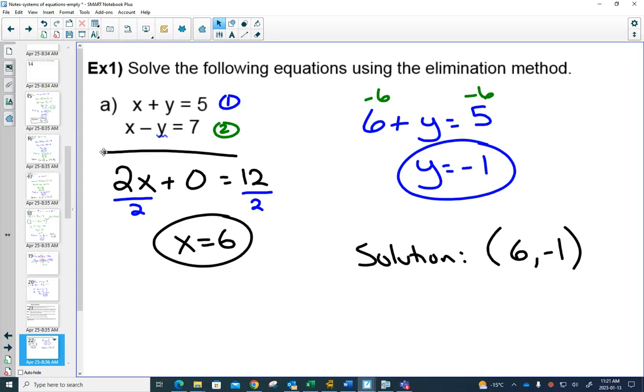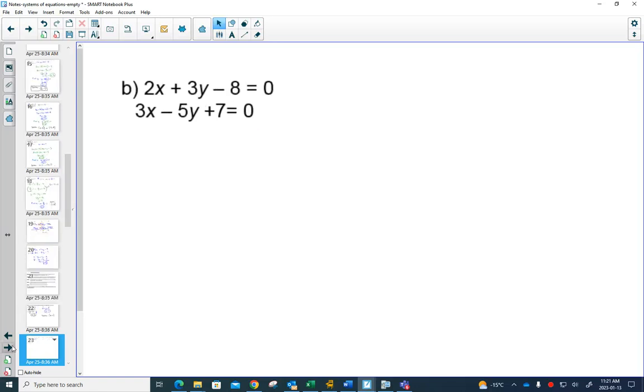Let's look at another example. I'll call this equation 1, and this equation 2. They don't match up this time.